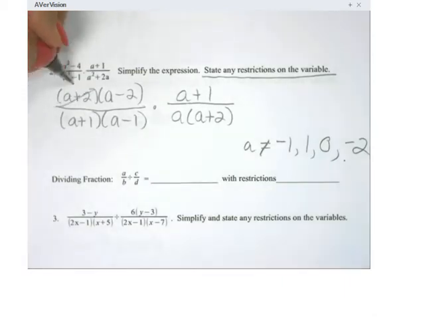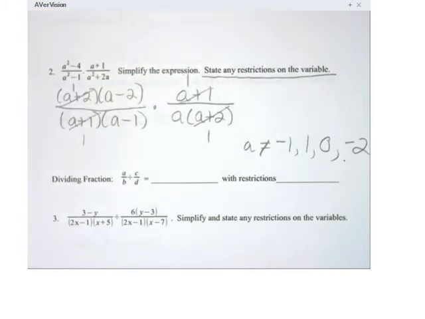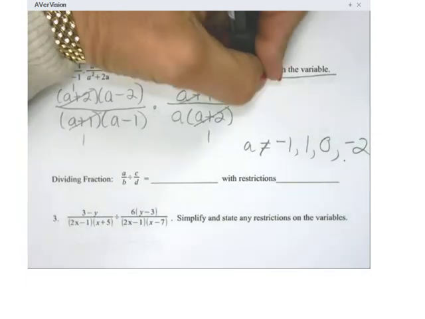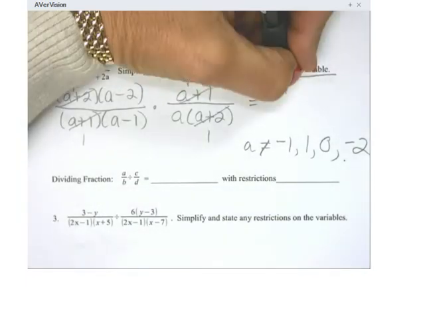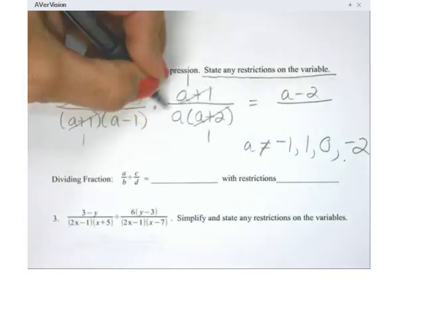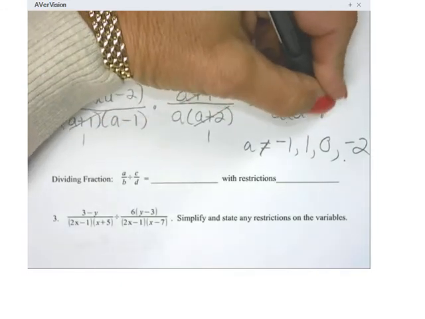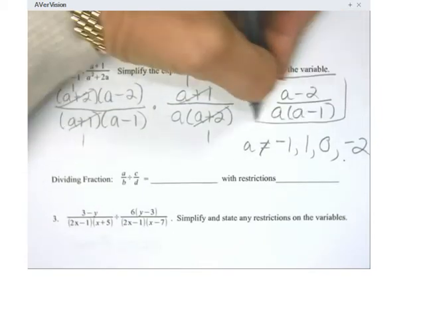This a plus 2 reduces with that a plus 2. That a plus 1 reduces with that a plus 1. And it looks like that's all I can reduce down. So I have a minus 2 left in the top. And in the denominator, I have a and a minus 1. Now, if you want to distribute that bottom out, you may.